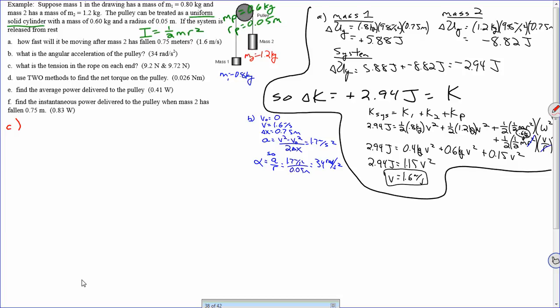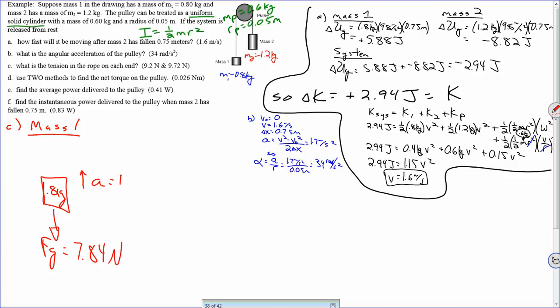Yeah, look at mass 1 and look at mass 2, right? So here, let's do mass 1. Here's what I know. 0.8 kilograms. Gravity's going to pull it down with a force of 7.84 newtons, right? This is 0.8 times 9.8. I know my acceleration is going to be upwards at 1.7 meters per second squared.